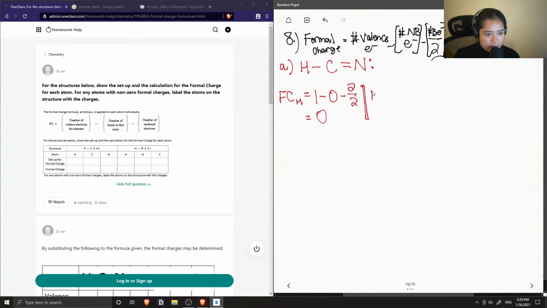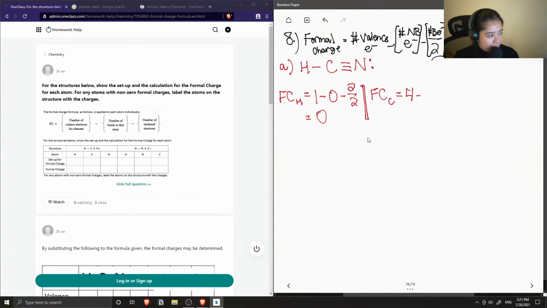So now let's do the same thing for our carbon. Carbon has 4 valence electrons. There are no lone pairs. So I think that this should be a triple bond. So I'm just going to draw that in.